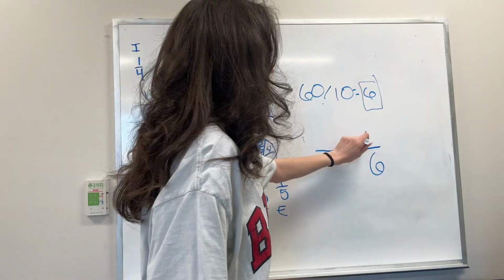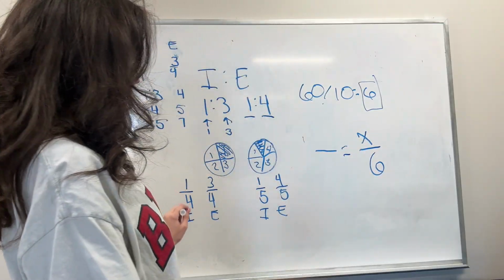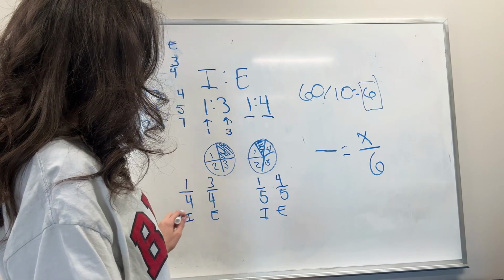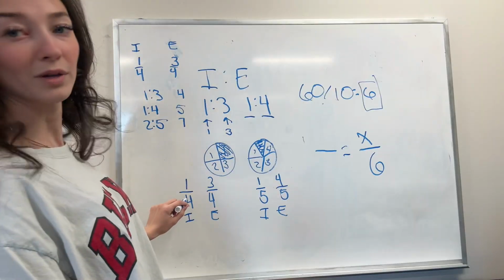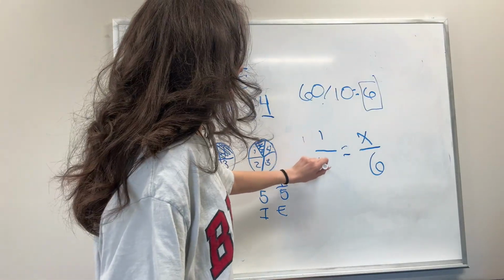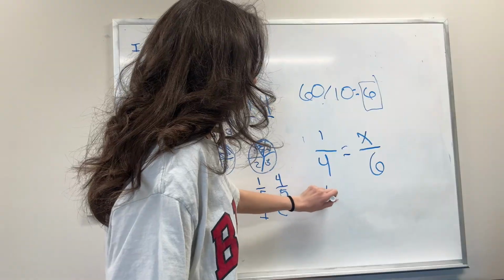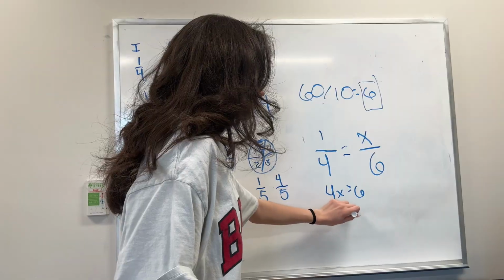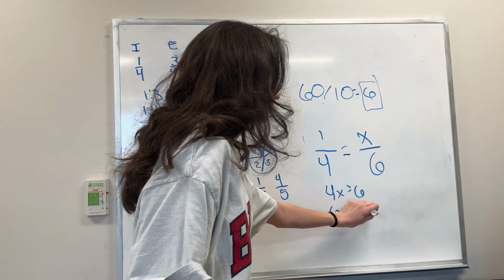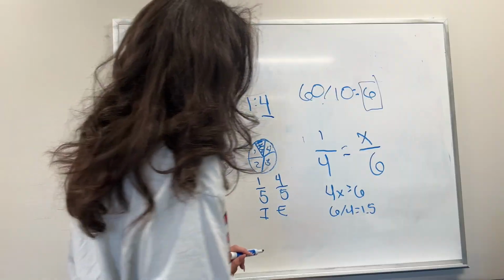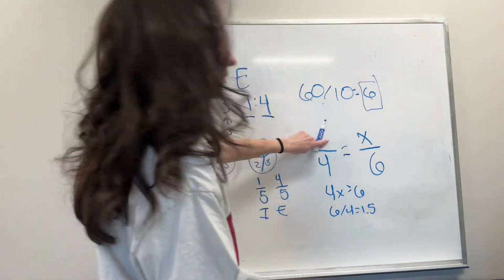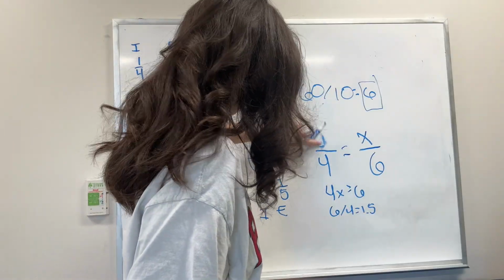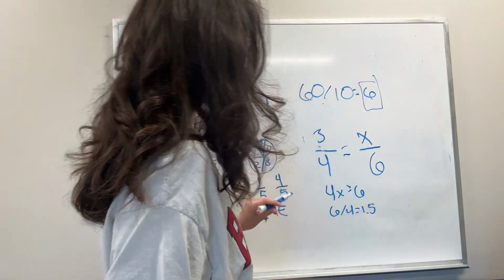We want to know for inhaling, let's do inhalation with the 1 to 3 first. We take our fraction from over here, and we've got 4x equals 6. So 6 divided by 4 is 1.5 for inhaling. And then we can do the same for exhaling.